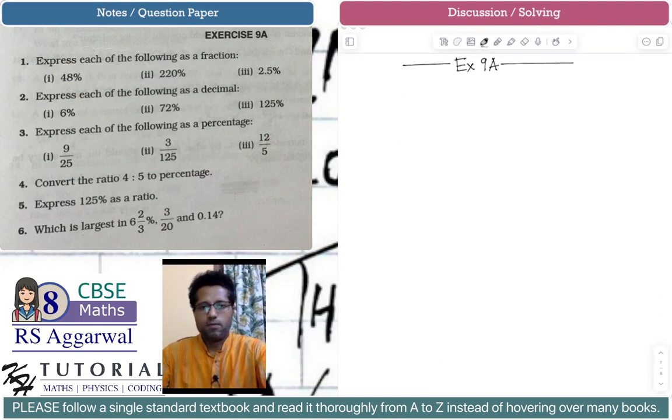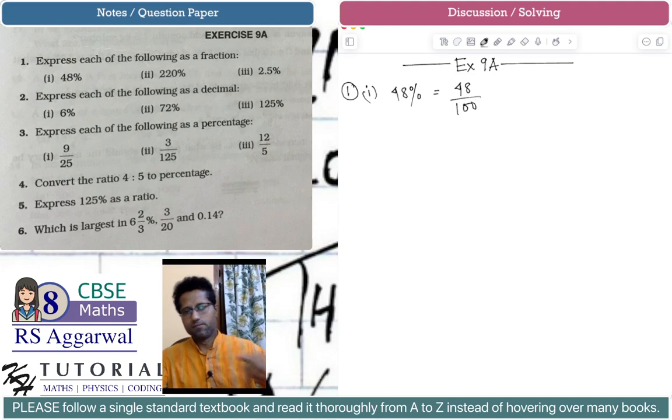So problem number 1, part 1. It says express each of the following as a fraction. So we have to express 48 percentage as a fraction. We know that 48 percentage as a fraction is 48 by 100.